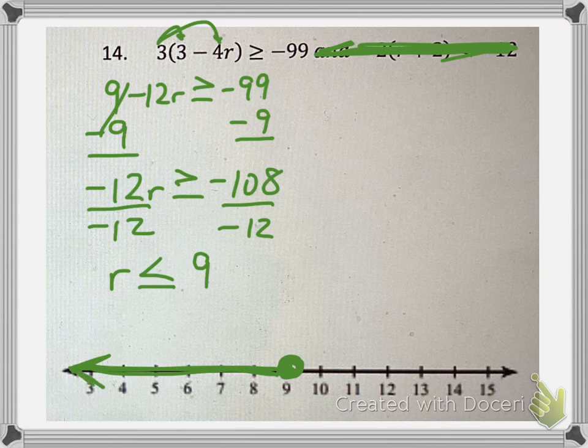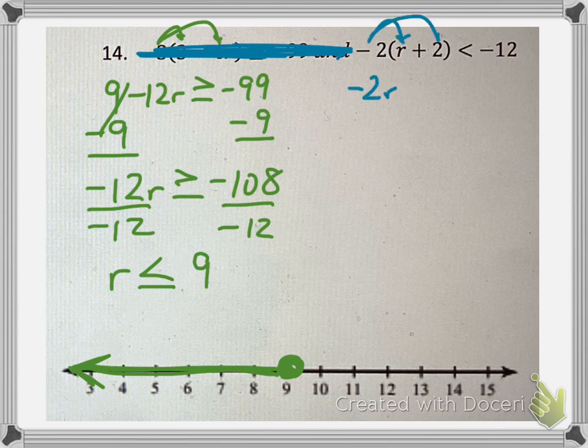Okay? Now, I'm going to go back up here, and I'm going to use everything but this. I'm not going to do any of this stuff. Okay, I'm going to do the others. So I'm going to distribute negative 2r and distribute negative 4 less than negative 12. Add 4 to both sides.